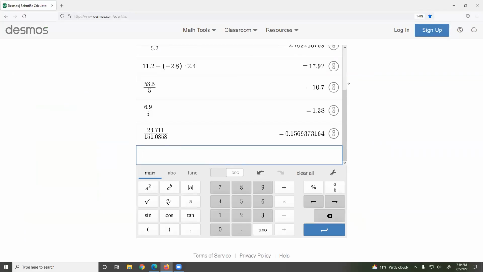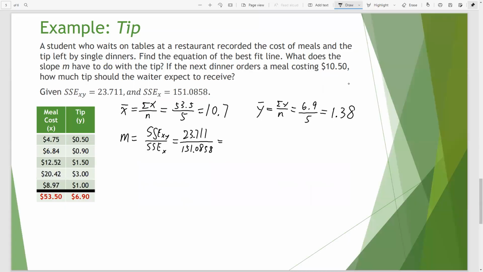Right, we get 0.1569. So here we don't need to do anything about graphing, so as many digits as we can, that's good. If you want to keep 3 digits, that's also fine, right? 4 digits, that's okay, right?